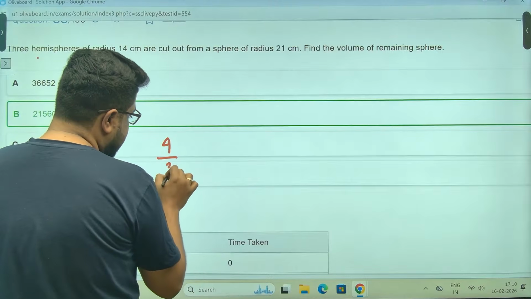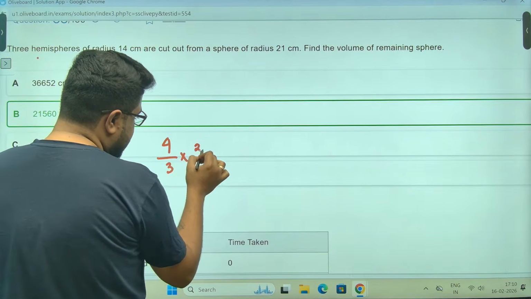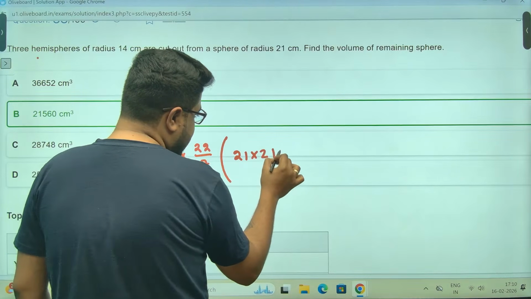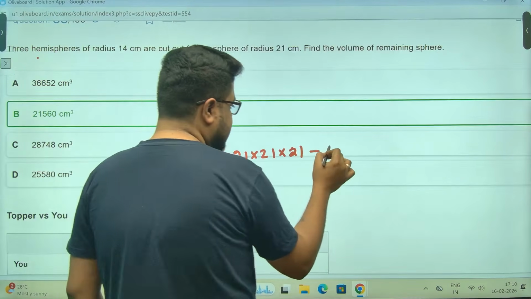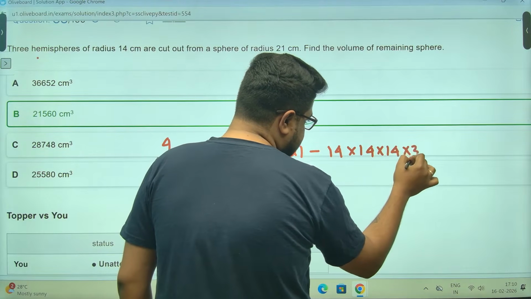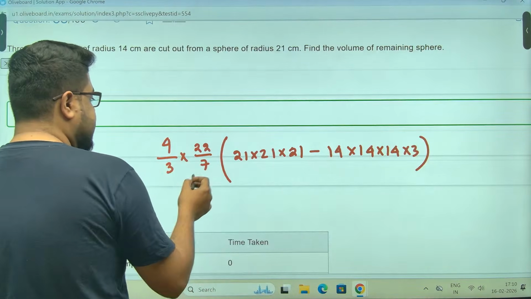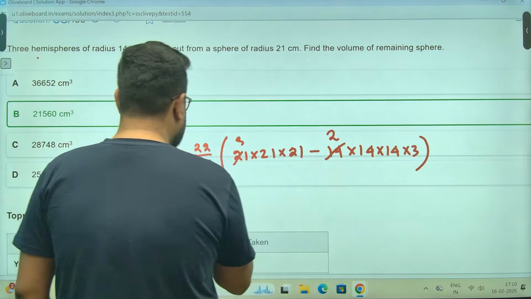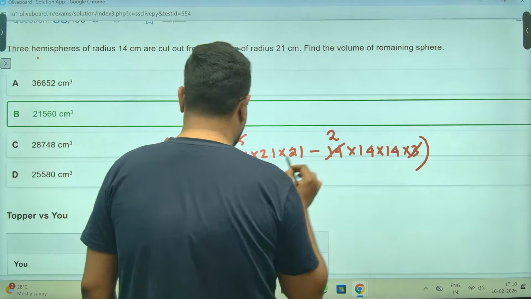Chalo, what else can we do? 4 by 3 into 22 by 7, 21 into 21 into 21. We have to do the calculation. 14 into 14 into 14. And there was a 3 because 3 cubes. 7, this is 3, this is a 2. This 3 is gone.